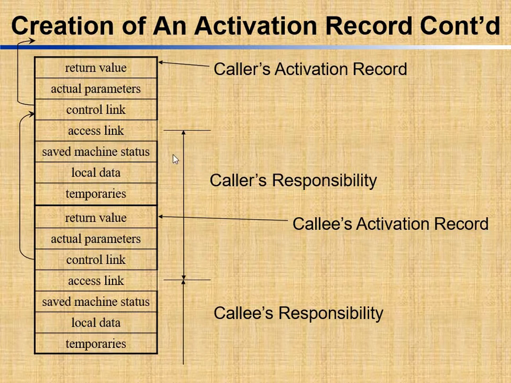The callee's activation record runs from the saved machine status up to the control link. This is the activation record created by the callee, and from the access link to the temporary variables is the callee's responsibility. So we have shown whose responsibility it is, either the callee's or the caller's.